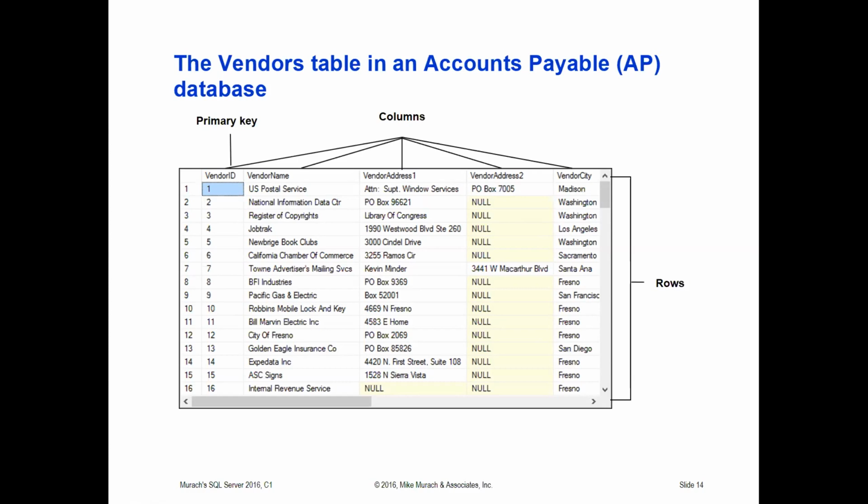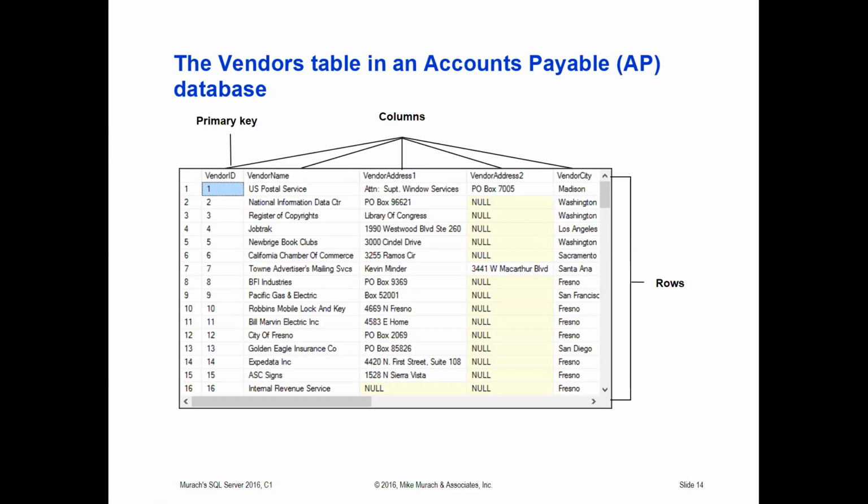Now, here's my table. When I'm looking at my table, each of the different vendors is a row, right? A different row in my table, or terminology. Each of the columns here is a different field of data. I could almost think of the rows as records, right?